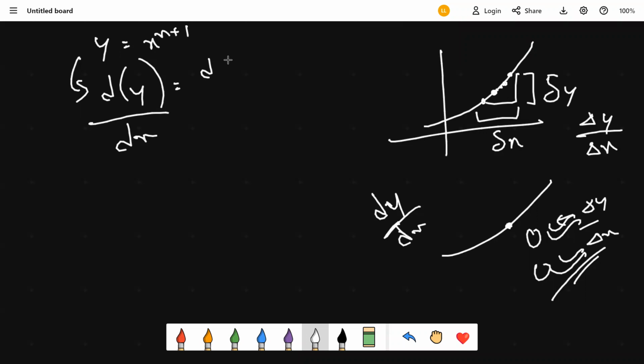This should give us x to the power n plus 1 divided by dx, because that's actually the main formula, how it came. Now on the right hand side, we do have x terms, so we don't need to introduce any more variable. We can simply differentiate that part, n plus 1 comes in the front, and differentiating with respect to x, we would get x to the power n.